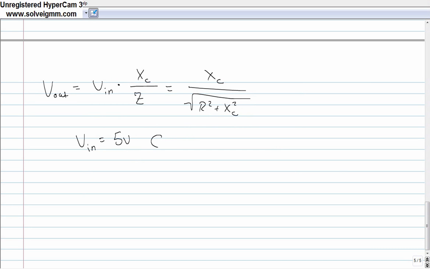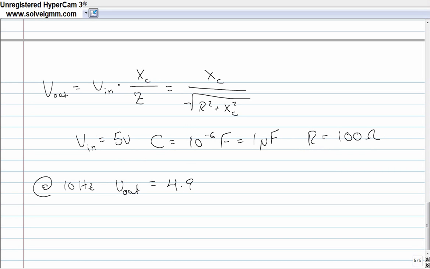We'll use the same capacitor, 10 to the negative 6th farad, that's 1 microfarad, and we'll put in, say, I don't know, a 100 ohm resistor. R is 100 ohms. At 10 hertz, Vout is equivalent to 4.9999 volts.